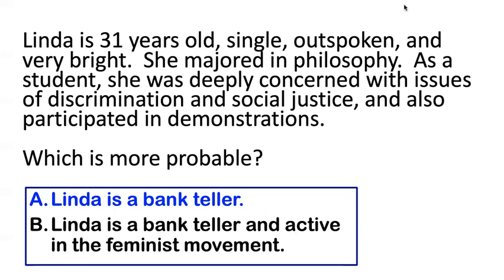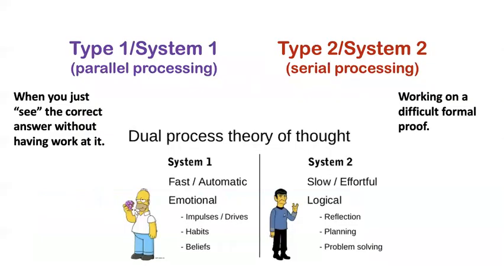So when we read the story about Linda, that conjures up a kind of image of her. And that image fits the feminist bank teller; it's more representative, or resembles B more than it resembles being a random bank teller, A. And so that tendency of us to make judgments based on representativeness and relationship to common stereotypes is often a hallmark of system one processing.